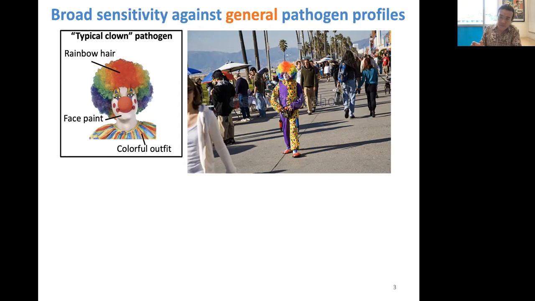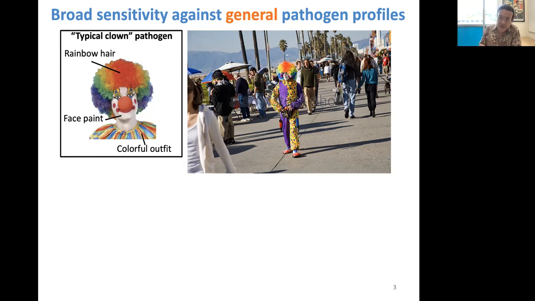And therefore, if through the course of evolution bacteria and viruses present these same types of generic features, then it makes sense that our immune systems are equipped to look for these types of things as an indication that there is a pathogen present.